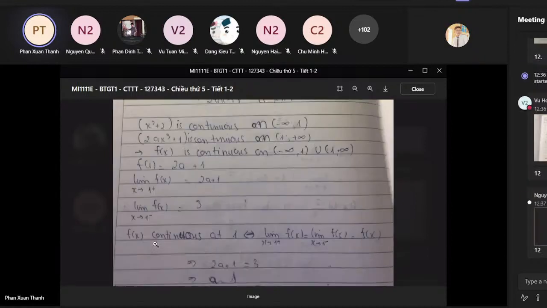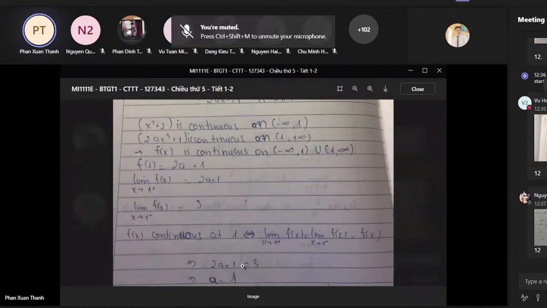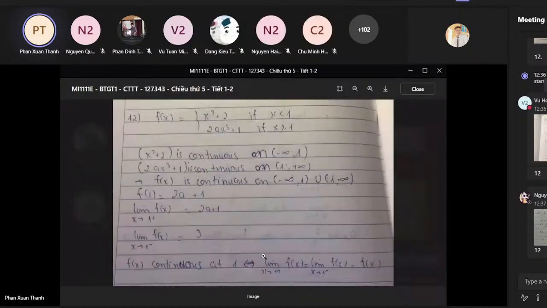Then f should be... continuous is an adjective, not a verb. So you should write f is continuous at 1 if and only if the left-hand side equals f(1), not f(x). The last one you should write f(1), not f(x). So here a has to be equal to 1.